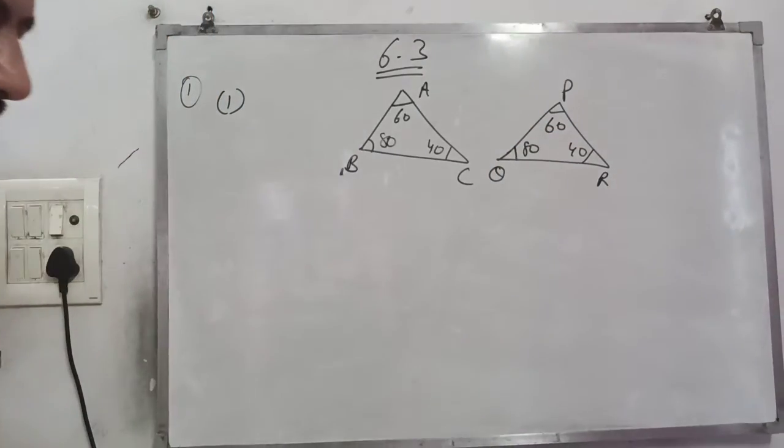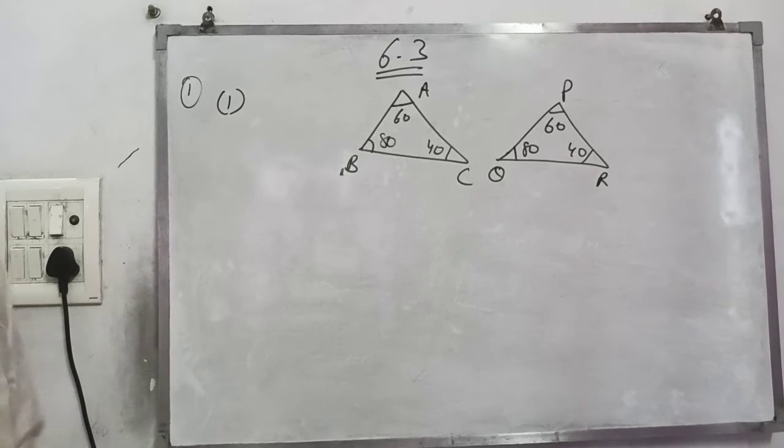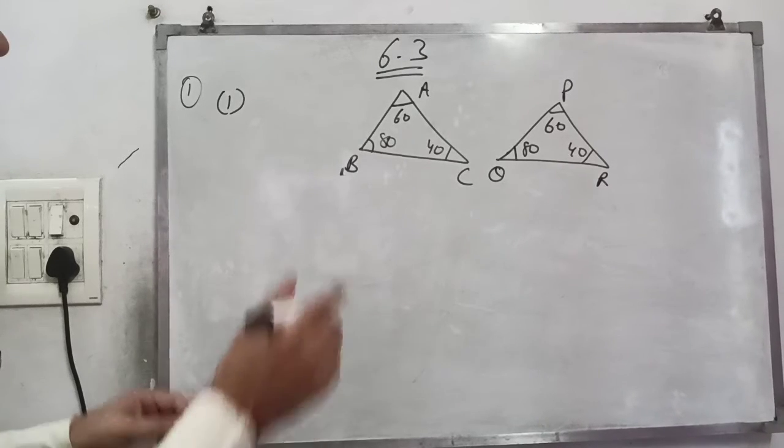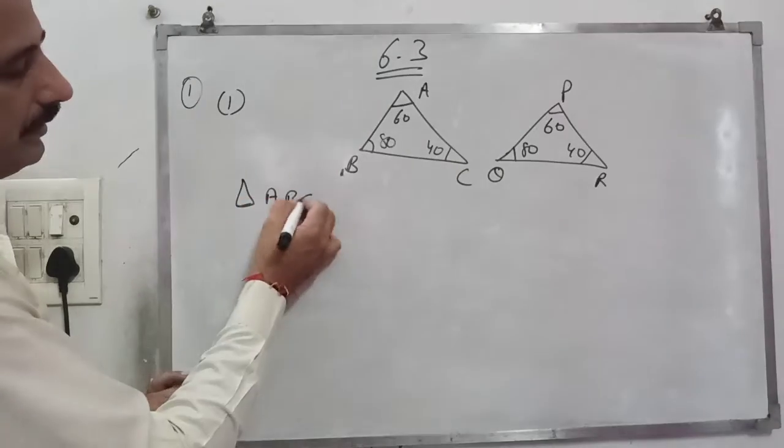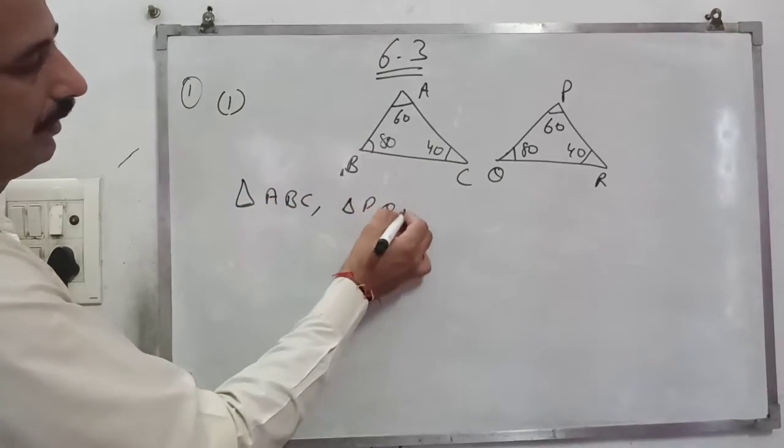So we have to prove whether these triangles are similar or not. So angles in triangle ABC and triangle PQR.